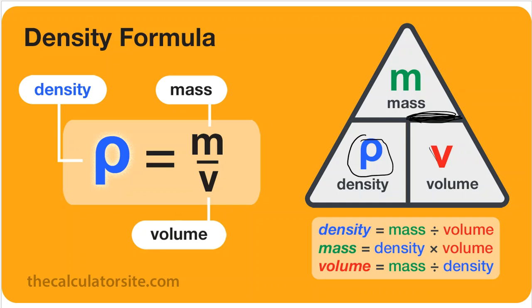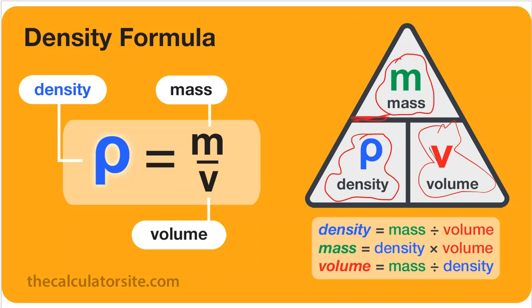And then they'll go and be like, oh, well, this little triangle will work for everything. So let's say that you've got your mass. This is a value that we know. And let's say that we've got a density value. So we take the mass and we divide by density, and that will allow us to calculate volume.